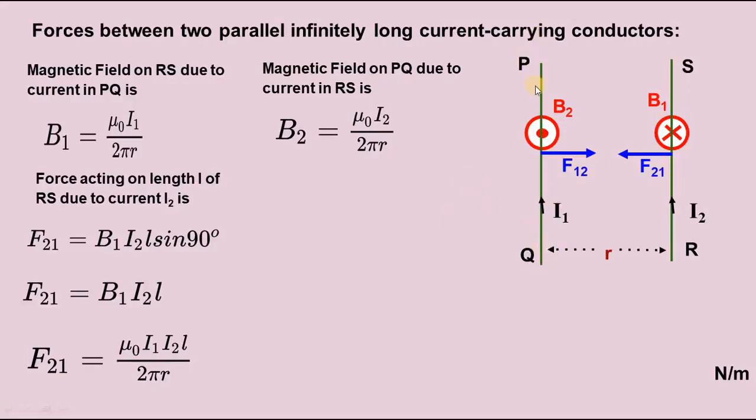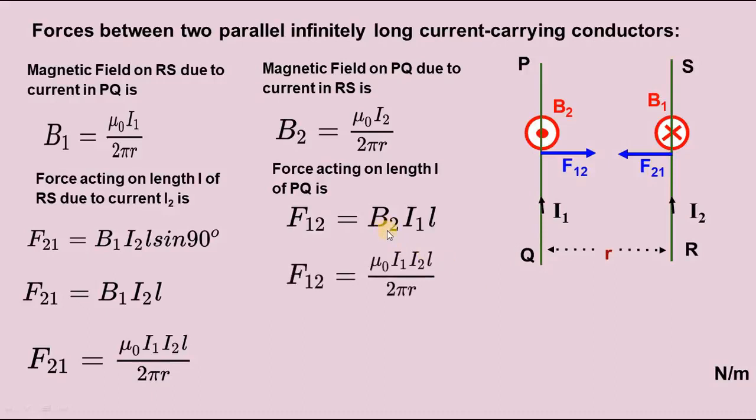Now, the conductor PQ carrying current I1 is placed in a magnetic field B2. Hence, it will experience a force. The force acting on length L of conductor PQ is given by F12 equal to B2 I1 L. Substituting for B2, we get F12 equal to mu0 I1 I2 L by 2 pi r.